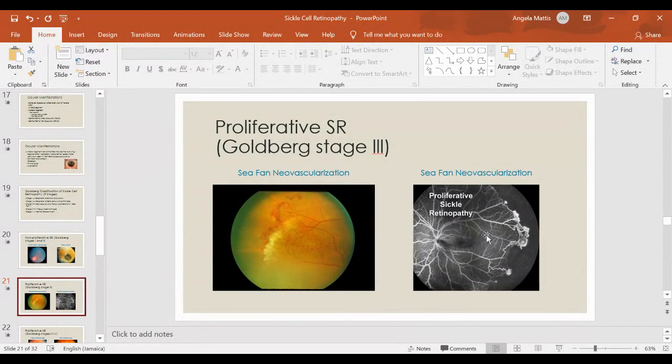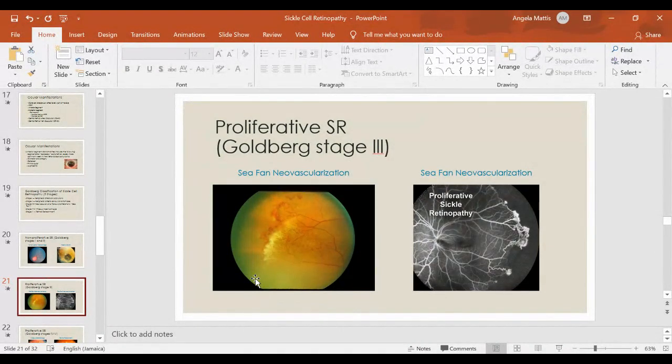So here, this photograph is with fluorescein angiography. You inject fluorescein into the bloodstream, and when you take photographs, it fluoresces, and this is what it looks like. So you see an outline of what we call our C-fan neovascularization. So this is our Goldberg stage 3.